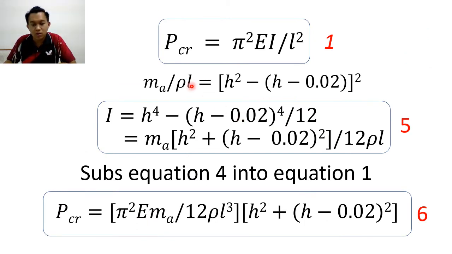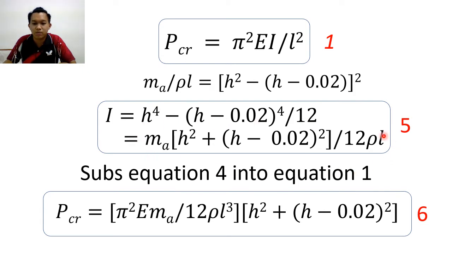For the critical load, first, we still need to find the moment of inertia. The moment of inertia for a square tube is equal to h power 4 minus (h minus 0.02) power 4, over 12. By expanding these equations, we can know that one part of the equation is equal to this part of the equation. Therefore, we can replace that part with MA over rho L. Then we can get this equation.